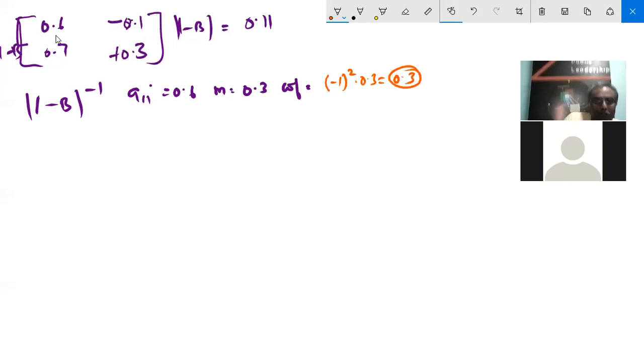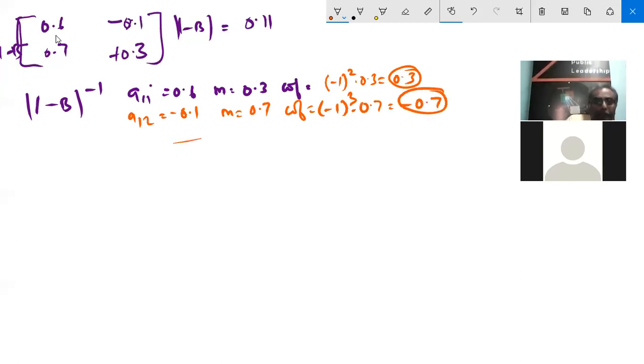Okay. Then A12 is equal to minus 0.7. Minor is 0.1. Cofactor is equal to minus 1 cubed of 0.1, that is minus 0.1. Very good. A21 is equal to minus 0.1. Minor is 0.7.